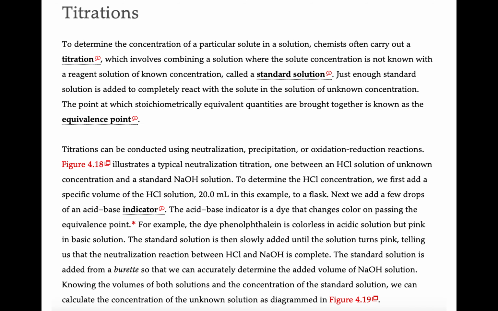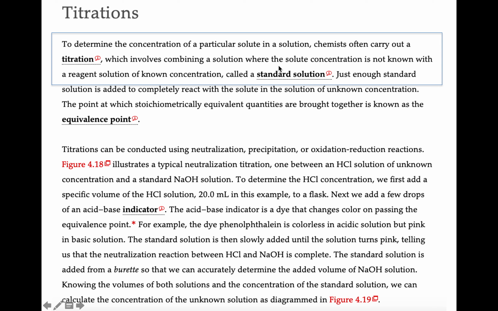Here's how the textbook describes titrations. It begins by noting that we will have solutions reacting with each other, and we might have different variables within that. We might be interested in the solute concentration in the solution that we're adding. We might be interested in a volume. There's different variables, but what's common is we're going to have one solution react with another.